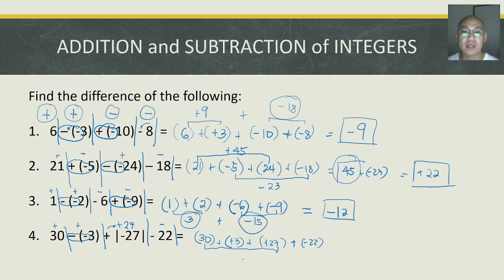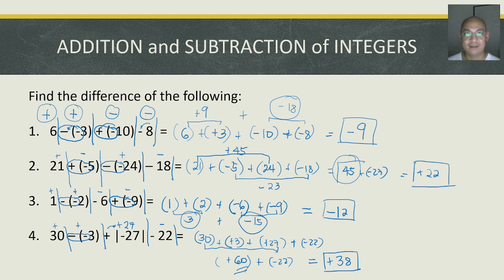So if we're going to add them up, we'll get positive 60. And the remaining integer is negative 22. Then we'll add different signs, so subtract. The answer is 38. And which is the larger number? That is 60. So get the sign of 60, positive. So the answer is positive 38.